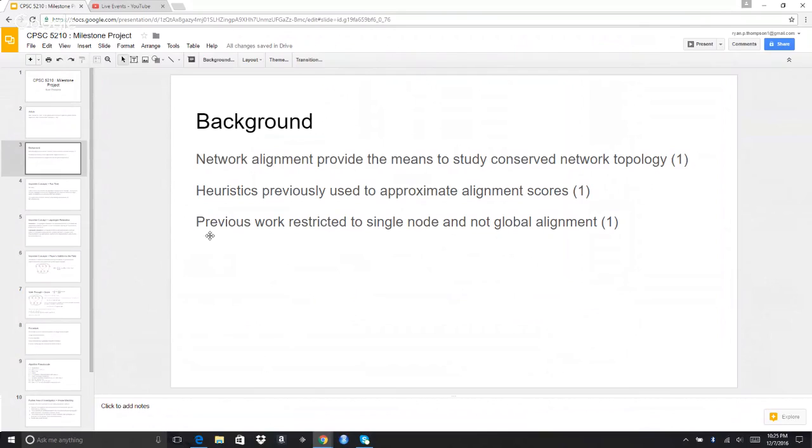Previous work restricted to a single node and not a global alignment. So when it says a single node, that'd be an individual vertex and not edges. And it would be talking about just a realization or an actual edge connection, and not the potential for every edge that existed between the two graphs and what that really means.